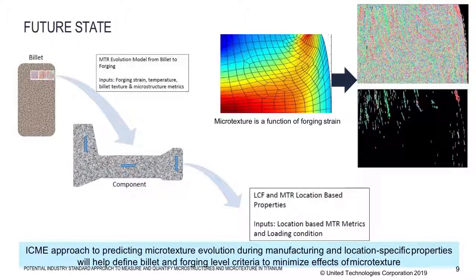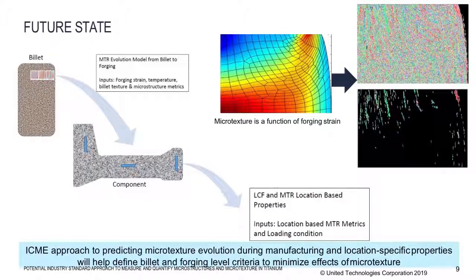So in the upper right, you kind of see a deform simulation for a simple pancake upset forging model. And you'll see the high strain forms that nice band in the middle, and you'll see that the microtexture is essentially non-existent in the regions of high strain. So there's certainly a correlation between how you make the material and what the microtexture is going to be at these given locations.